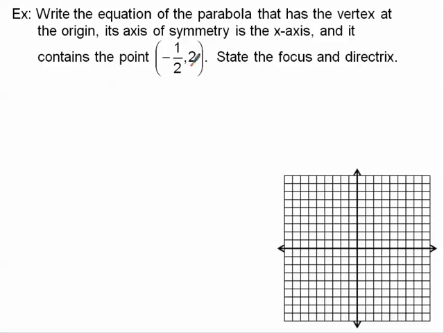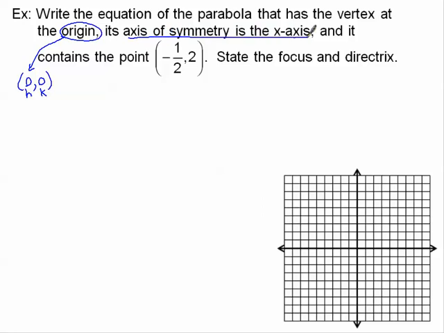So we want to write the equation, and then once we have that, I'd like to state the focus and the directrix. Let's first talk about some of the pieces in our problem. We're given the vertex is the origin, so we know that (0, 0) is our vertex, so there's our h and there's our k. That's nice. We also know that the axis of symmetry is the x-axis.